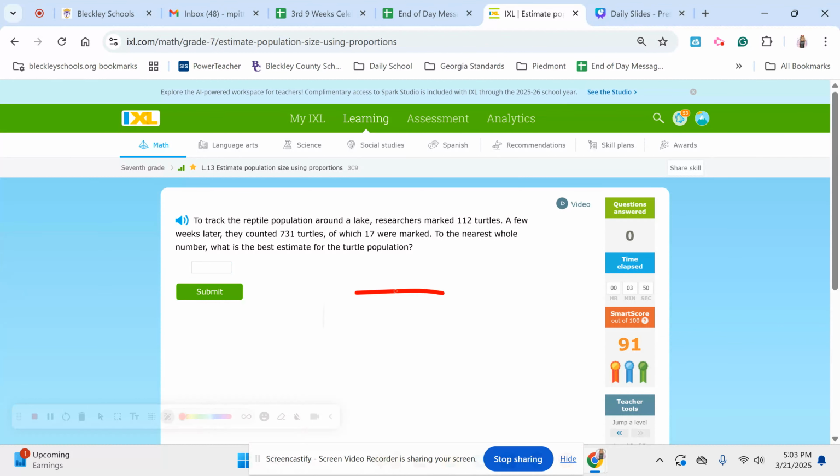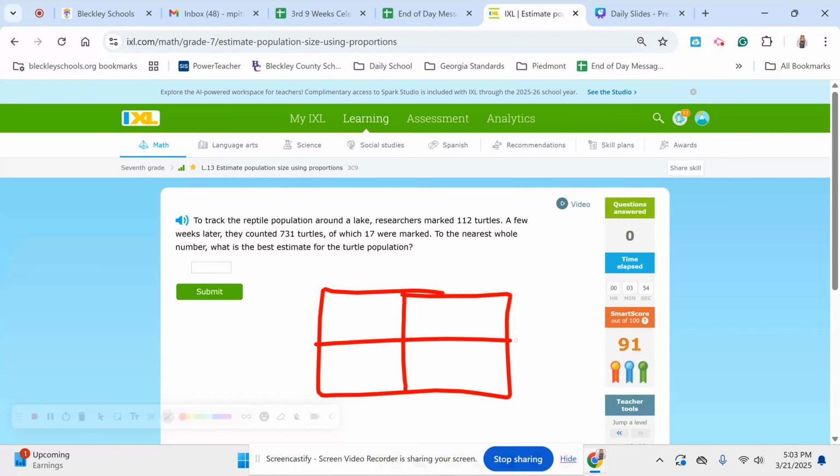So once again, if we set up our ratio box just like we did before, we can think about this as the marked. When we think about our part to whole, our part is going to be our sample, or the marked population, whereas the whole is the population that we're talking about.